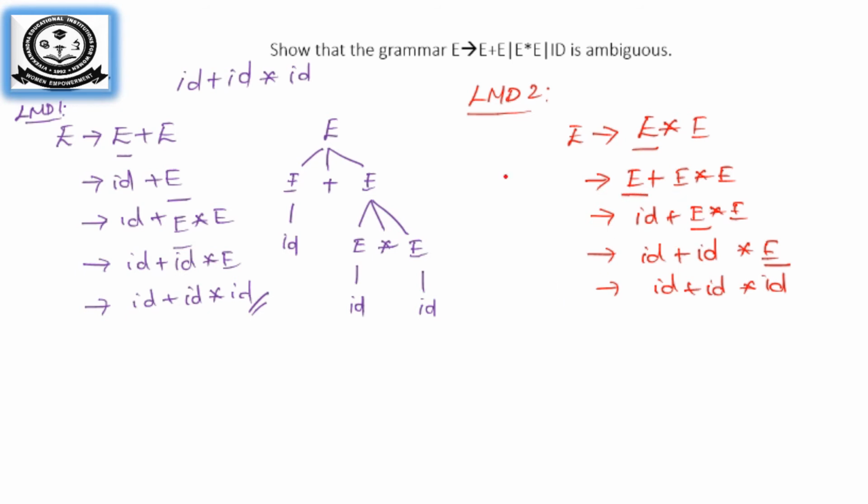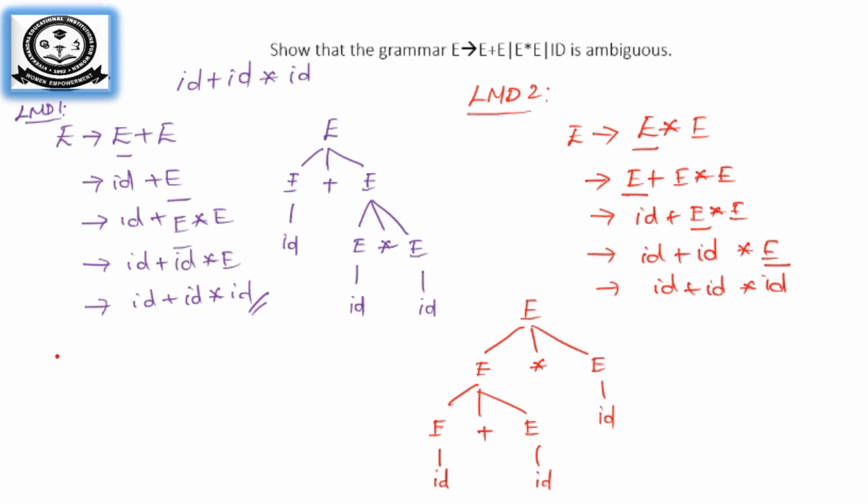Now we'll construct a tree for this. E derives E star E. Now this is E plus E. Then we substituted ID from the left side, ID. Now you can see the parse tree generated for LMD has two different parse trees.